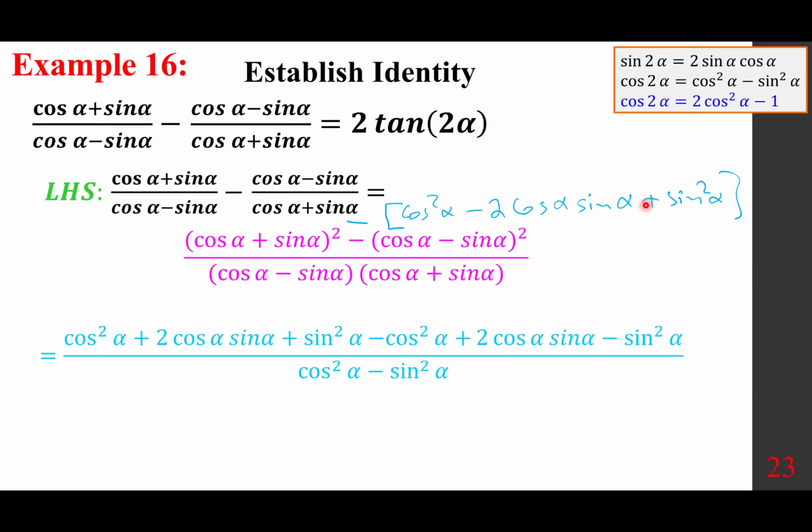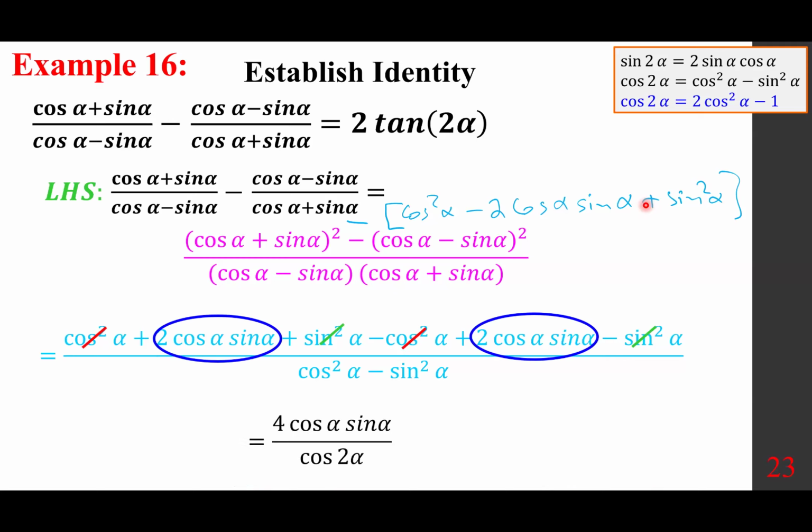So what happens? These two cancel each other. These two cancel each other. These two add up to 4 cosine alpha sine alpha, or 4 sine alpha cosine alpha, makes no difference. And the bottom, cosine squared minus sine squared, is cosine 2 alpha.